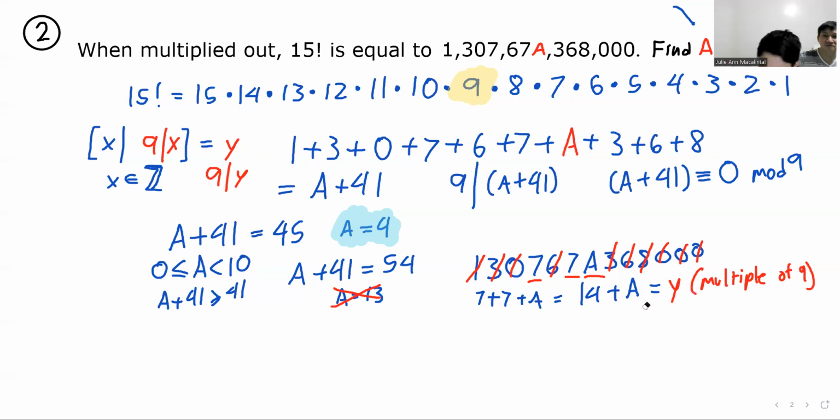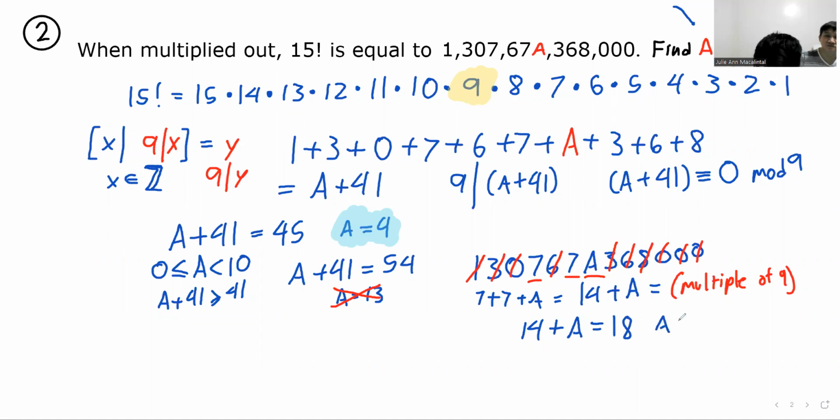There might be some confusion with multiplication over here. So the closest multiple of 9 to 14 is 18.